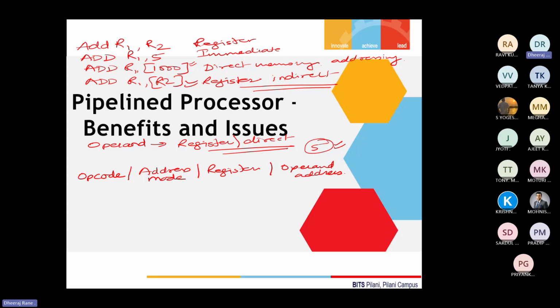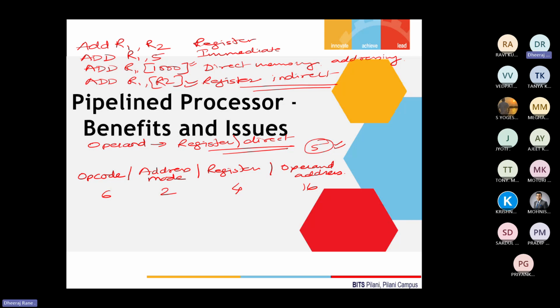Tentatively, 6 bits may be used for the opcode, 2 bits for the addressing mode, 4 bits for the register, and 16 bits for the operand address. So this can be the case.